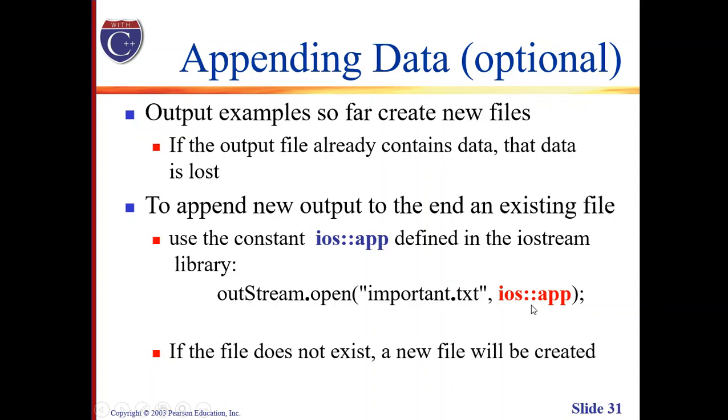This time we provided another argument, which is an option that tells our compiler that we would like to append whatever output to this output file. So the old contents of this output file will not be overwritten. And of course, if the file does not exist, a new file will be created.